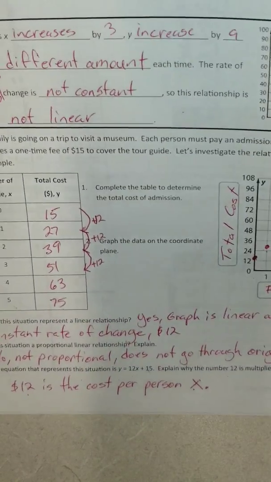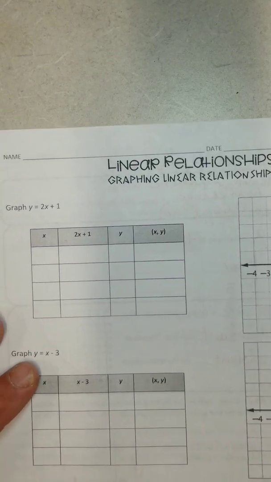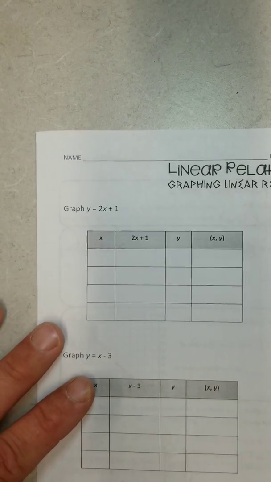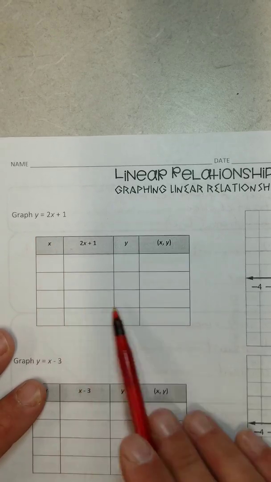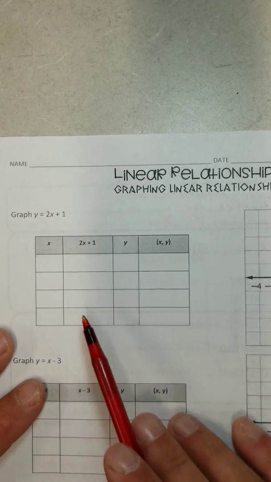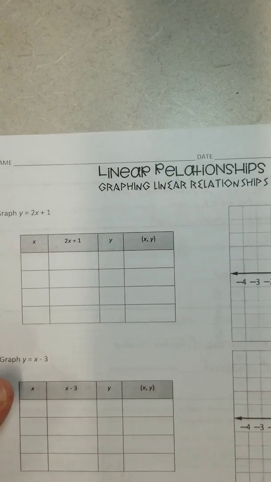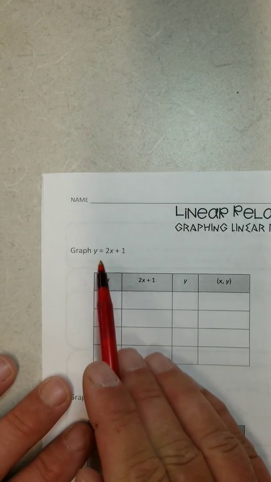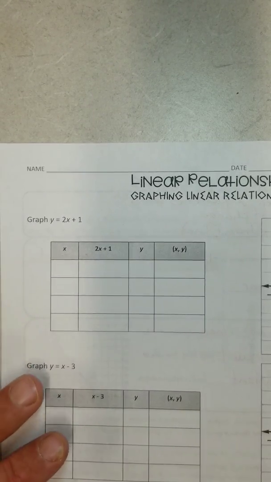All right, let's go over to the back. And we're going to graph the equation, okay? We're going to graph the linear relationship. We're going to set up a table that gives us coordinates, and then we're going to put those coordinates on the graph. So using this equation, y equals 2x plus 1, we're going to create a table here.